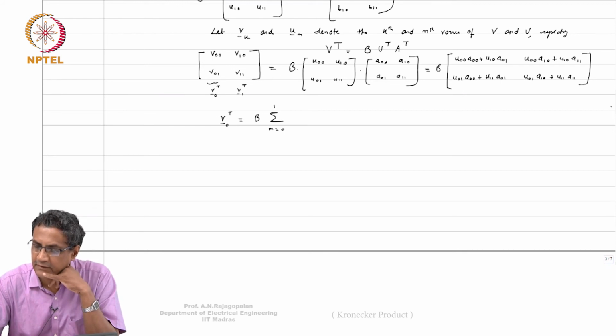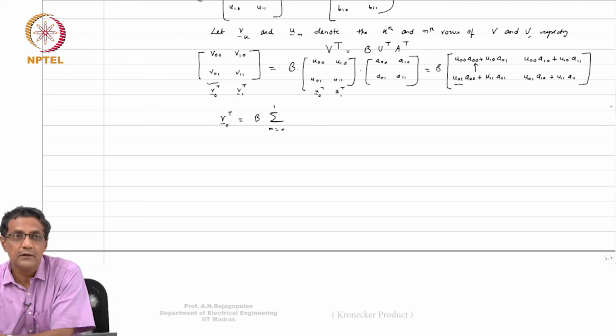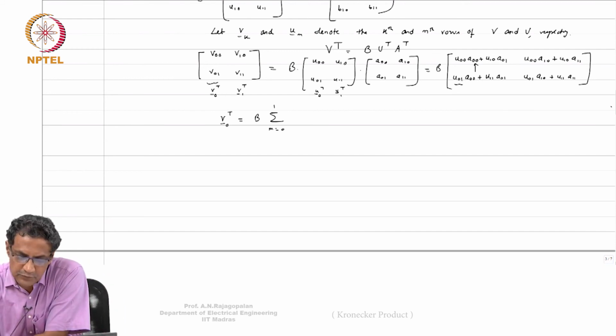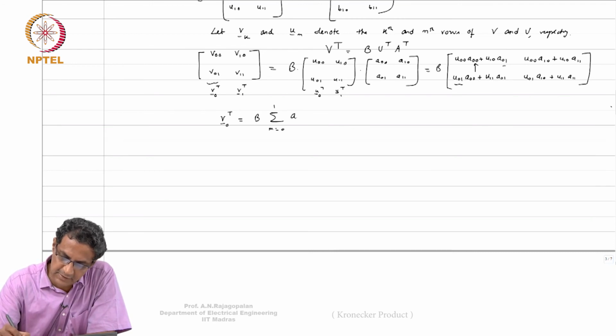See here, A00 is actually multiplying the first column. Let's call this U0 transpose and this U1 transpose. So A00 multiplies U0 transpose, which is the first column of U, and then A01 multiplies the second column of U. So this you can write as A0M. After all, A0.